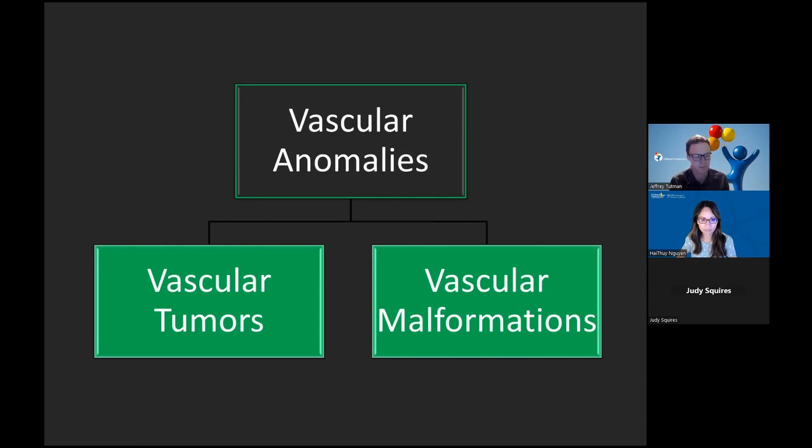It's not there, and then it appears, and it grows like a tumor does. A vascular malformation is a malformation, so by definition it's really there from birth or from fetal life. It's like congenital heart disease, and it grows with the child. Now, it's not always recognized at birth, which can be the tricky part, but it really should have been there since birth.